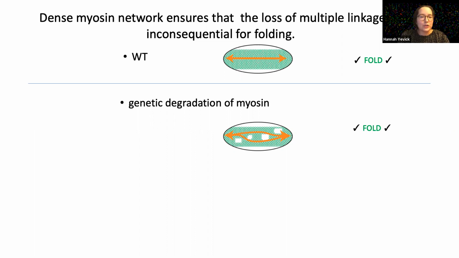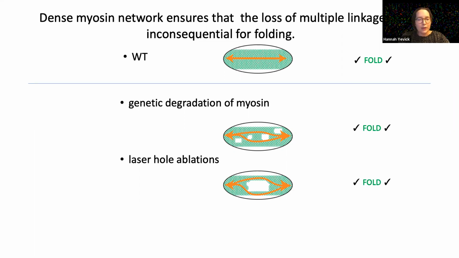So, for example, the genetic degradation or the laser hole ablations don't remove all connectivity across the system, and some minimal connecting paths are still present across the tissue.